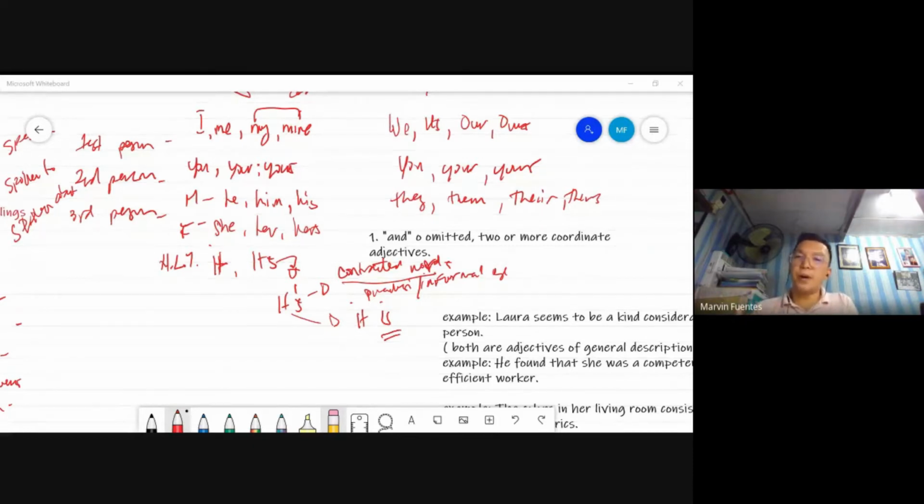Pag sinabing regular verb, you have to end it with ed kapag past tense, but when we say irregular verb, no, you are going to change its spelling or you are going to change the succeeding letters of the specific word. So for example, rise, rose, risen. Those are irregular verb, not unlike when we say eat, ate, should I say, the bake, baked, no, will bake. As simple as that. Okay? Ayun lang yun siya. Now, let us proceed here.